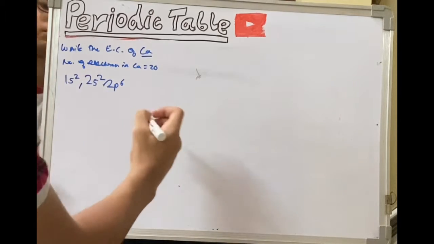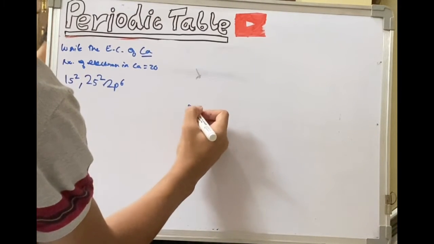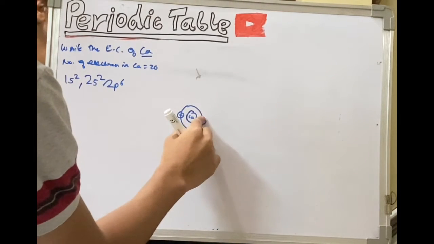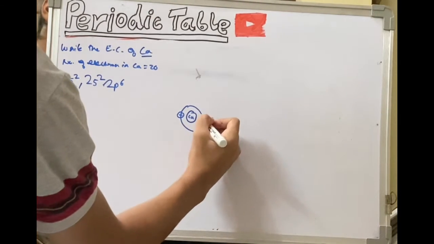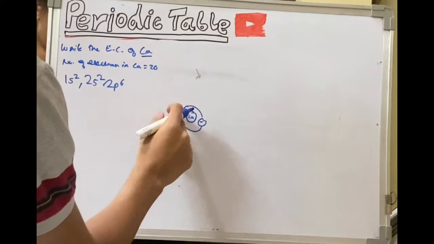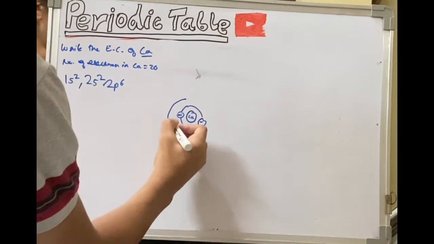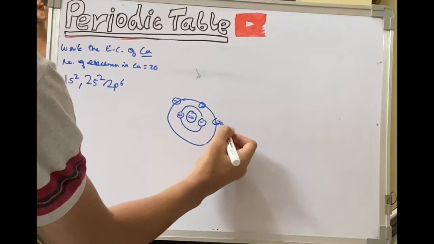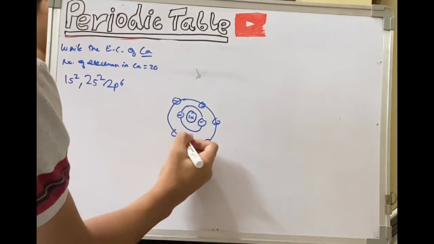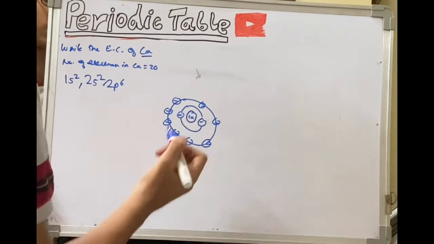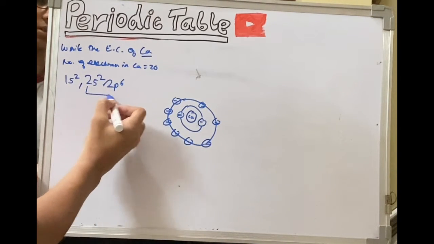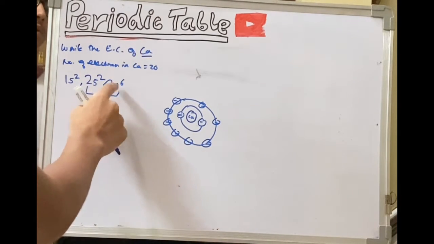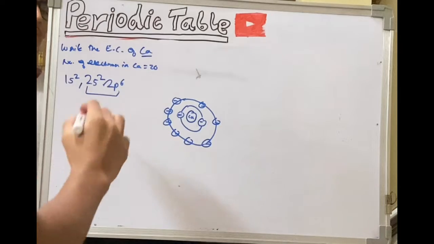I'll draw the structure here. We all know there are 8 in this: 3, 4, 5, 6, 7, 8. So we got the sum as 8, with 2 electrons in the s and 6 electrons in the p. These are the maximum they can hold, right?